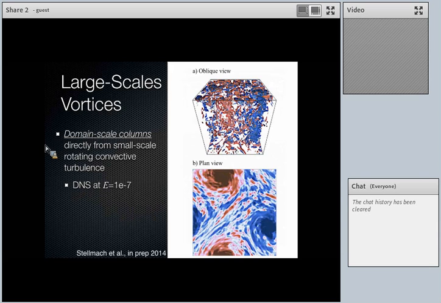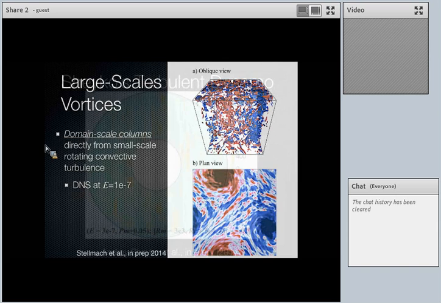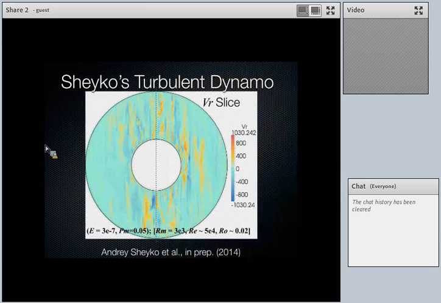And in Keith Julien's rapidly rotating reduced system, the Rossby number is effectively asymptoting towards zero. And so you can have this turbulence that's completely dominated by rotation, and yet still out of that you can get large-scale structures.